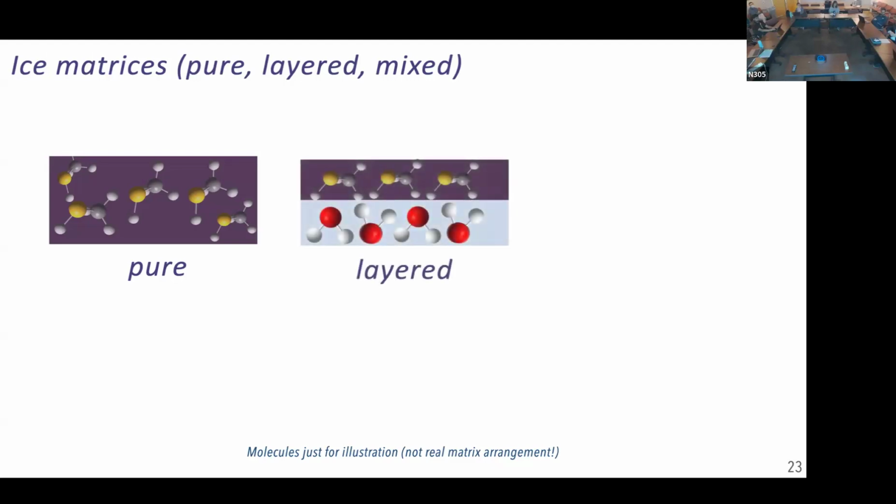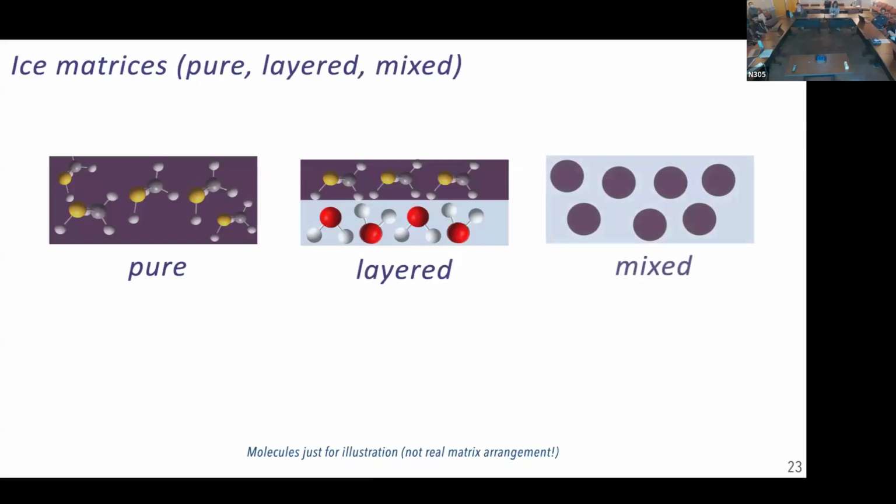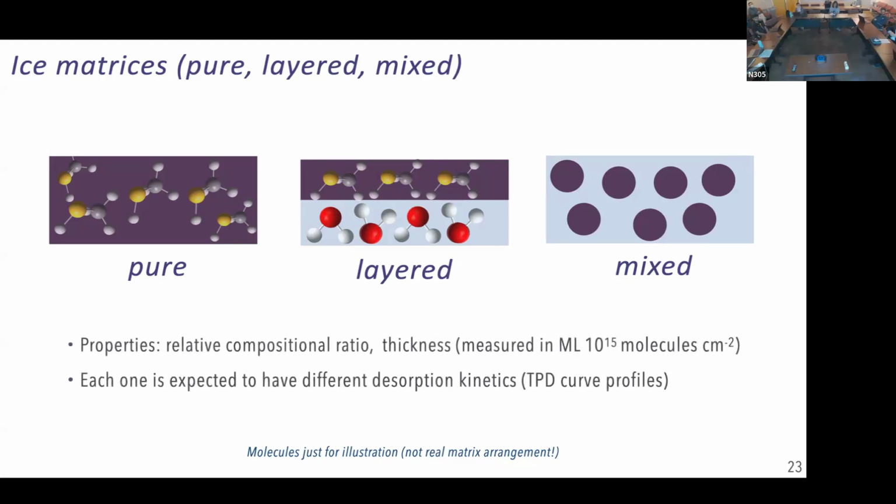When I say layered, I'm talking about a water base and then a single or a submonolayer of methyl mercaptan. So actually for the pure, we call it multilayer, so it's multiple layers, and layered is a single layer. And then you have the mixed, where it has been pre-mixed and deposited together, and it is arranged in whatever lowest energy state it could be in, which is really hard to model.